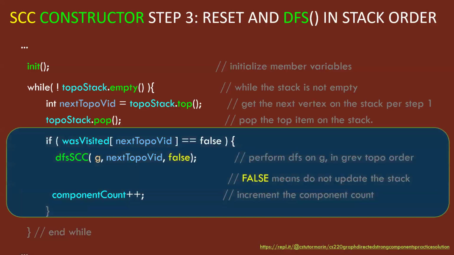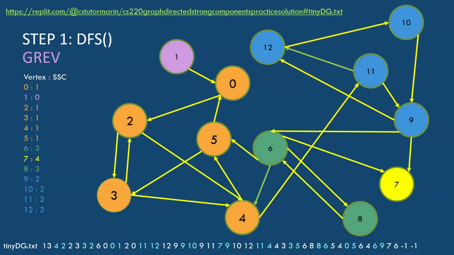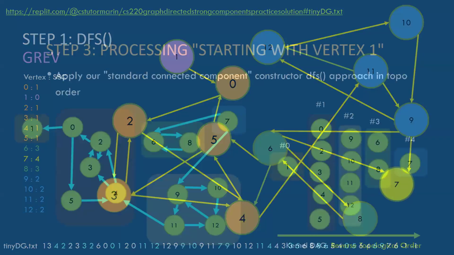Okay. Let me see if I can find our graph here. So this is tiny DG. Okay, so this is kind of famous, this little graph here. It's sufficiently complicated that if you look at it, it's not immediately obvious what the strongly connected components are. But if we traced it through, we should get the answer that we saw on the previous page.